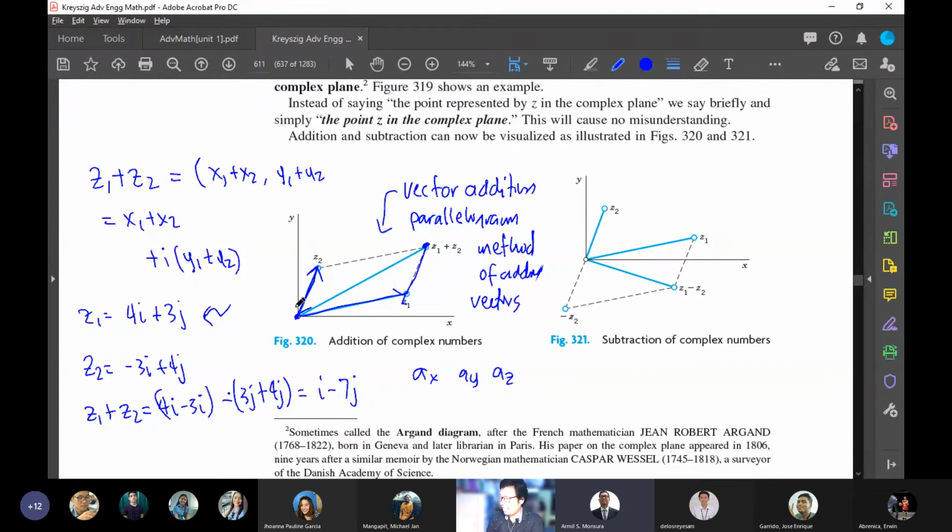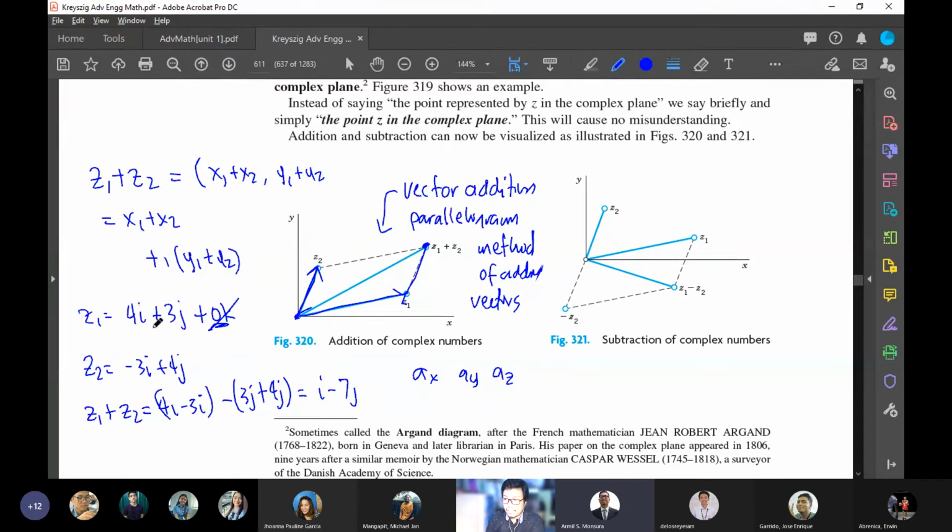Okay. Kung IJK, 2 dimensions lang kasi to. That means yung K ko, 0. So ang ibig sabihin nun, kung ilalapat ko siya doon sa ginagamit na notation, this is 4i plus 3j plus 0k. Kaya 2 dimensions lang siya kasi wala siyang third dimension sa z-axis.